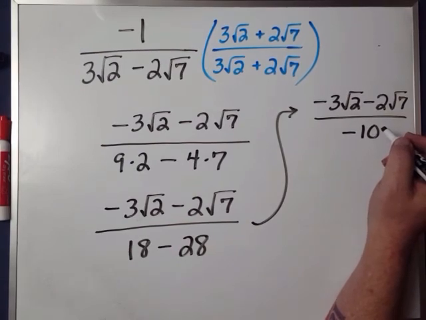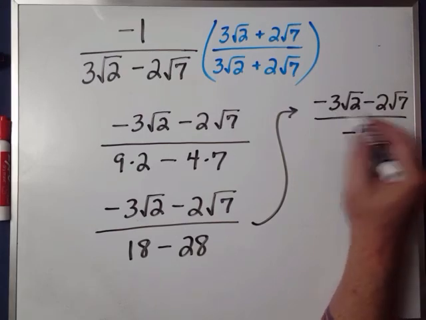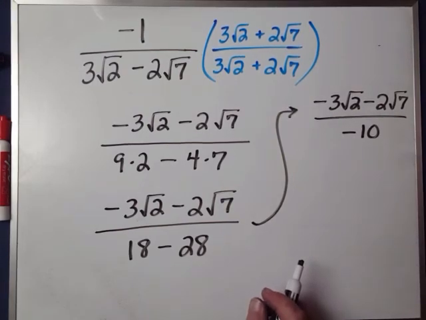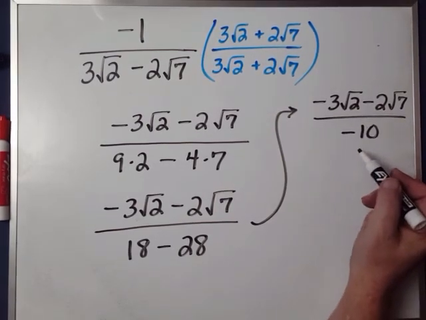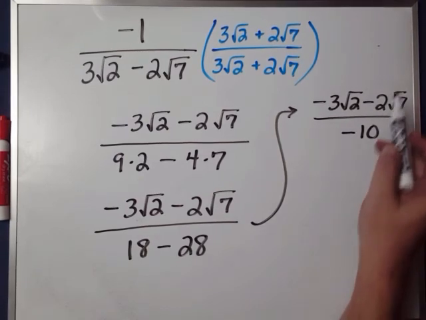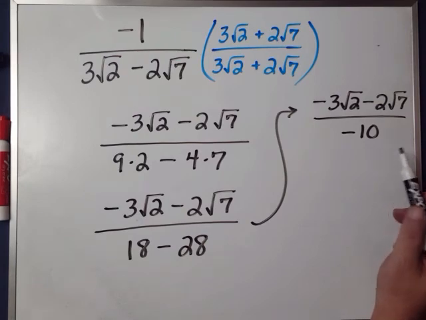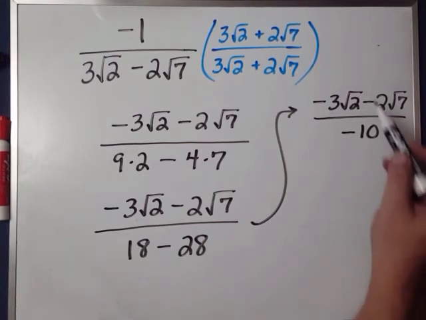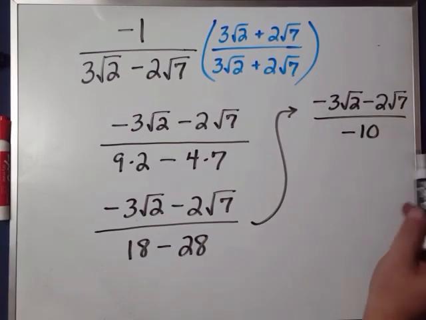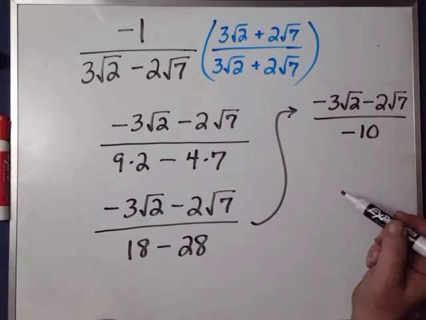Now notice here that all of my terms are negative. Although I would count this right if you put a box around this. It is in lowest terms. But it is generally best practice when everybody is negative.